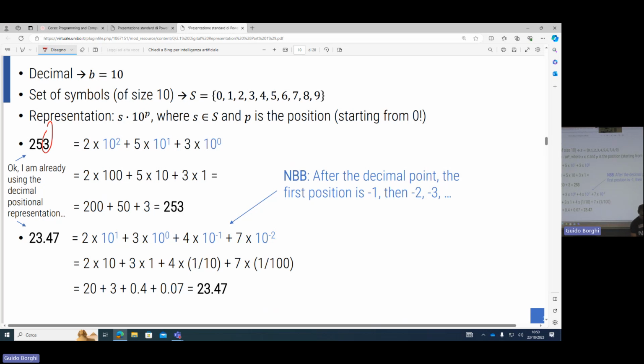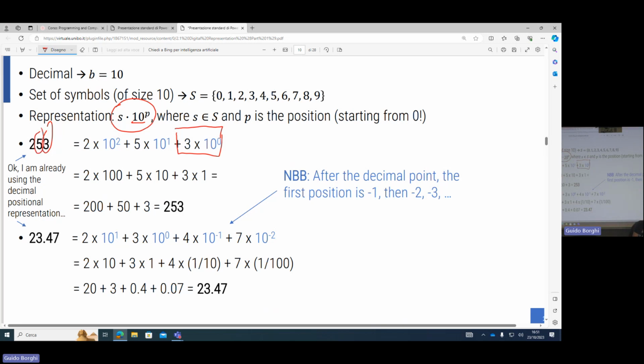So we write this equation: the first element is the symbol, in this case 3, times 10, the decimal positional representation, to the power 0, the position. The position of 3 is 0, the first position on the right, since we start from 0. So the first element is 3 times 10 to 0.